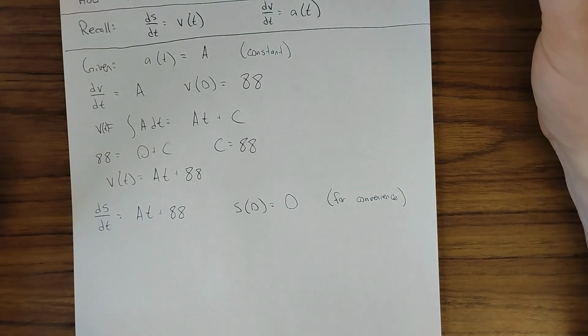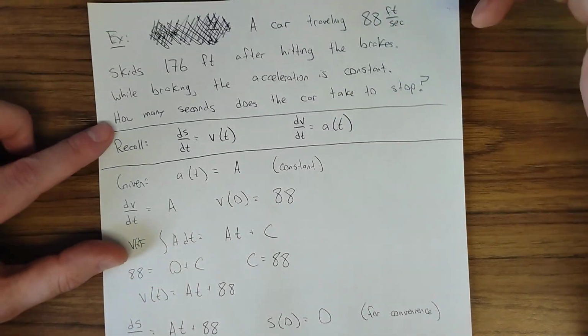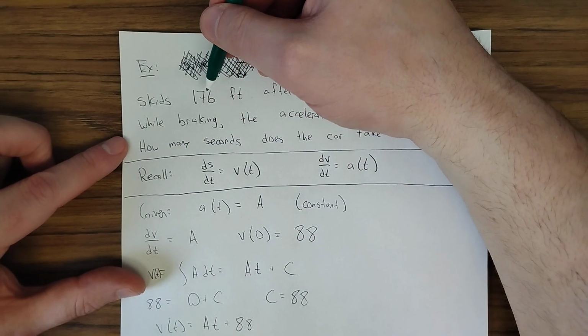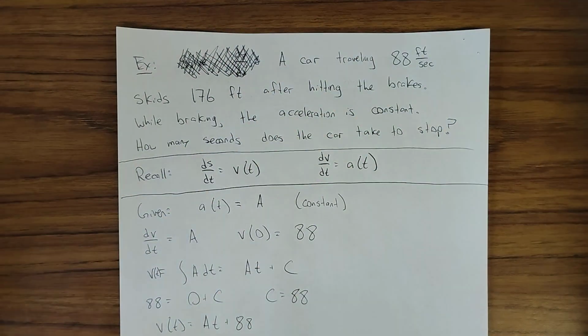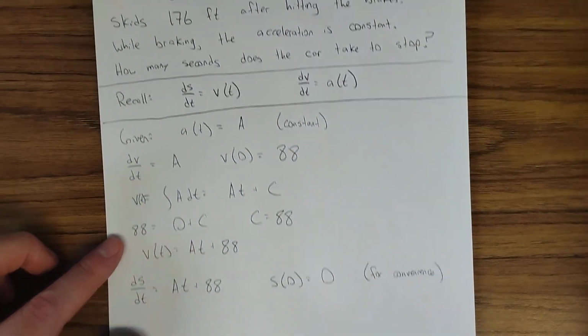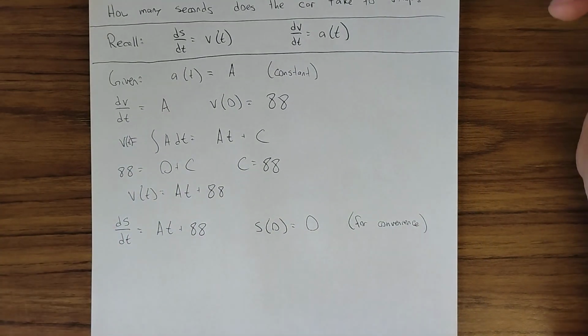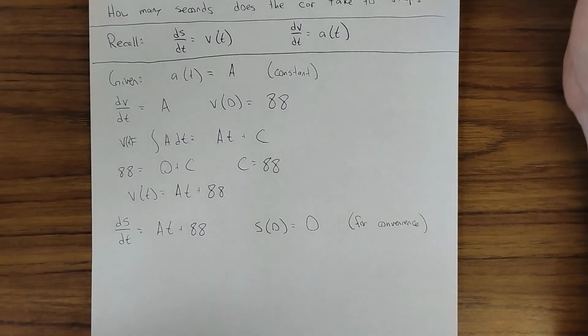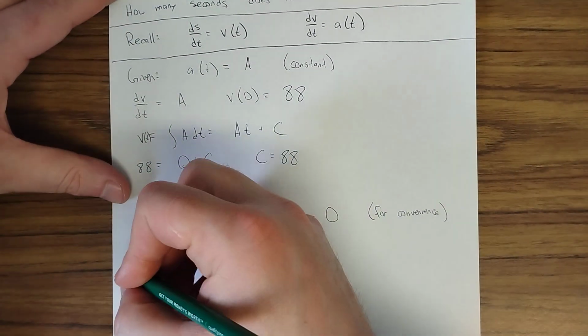And we'll have to remember that we made that arbitrary decision. So when we say we skidded 176 feet, that means away from position 0, because we arbitrarily said that we're starting at position 0. Anyway, let's solve this.